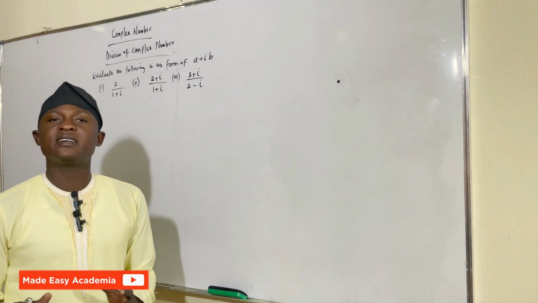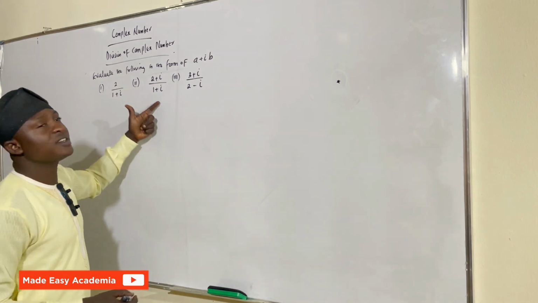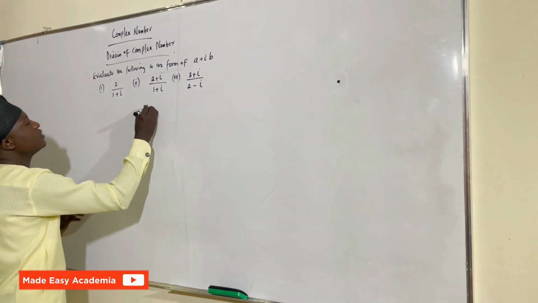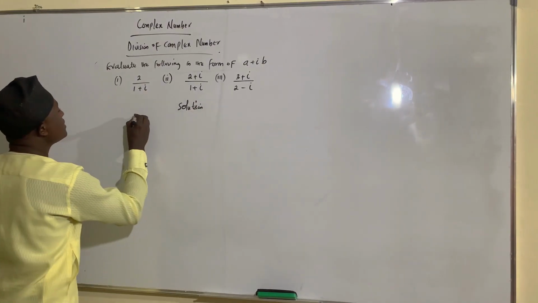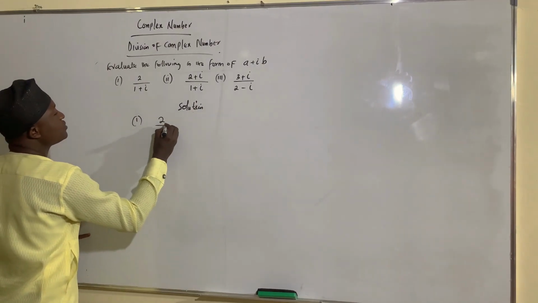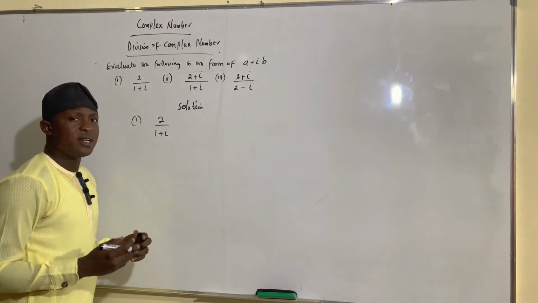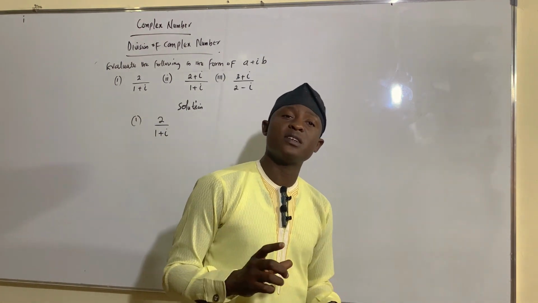I'll follow the same pattern, the same logic, for the first one, the second one, as well as the third one. In the first example, we are asked to find the value of 2 over 1 plus i. Just like division, we normally rationalize.